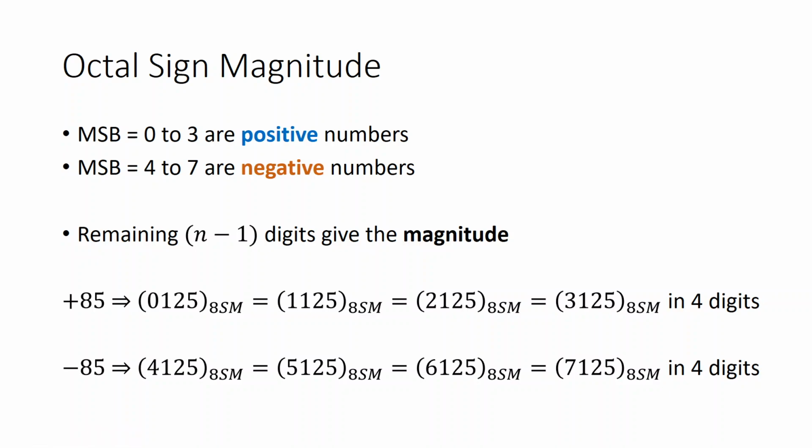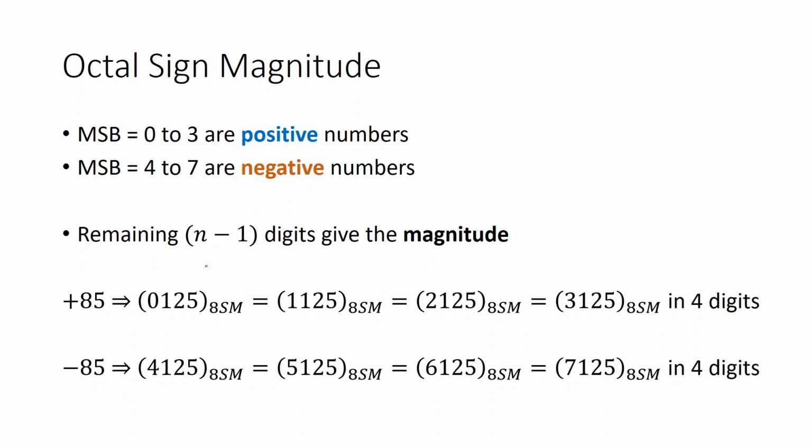The octal sign magnitude. In the octal system, you know that there are 8 digits, and we know that the MSD, the most significant digit, is representing the sign. To represent the sign, we have the option to select from 8 of the digits. Here, the first 4 digits are chosen to represent the positive numbers, and the last 4 are chosen to represent the negative numbers.